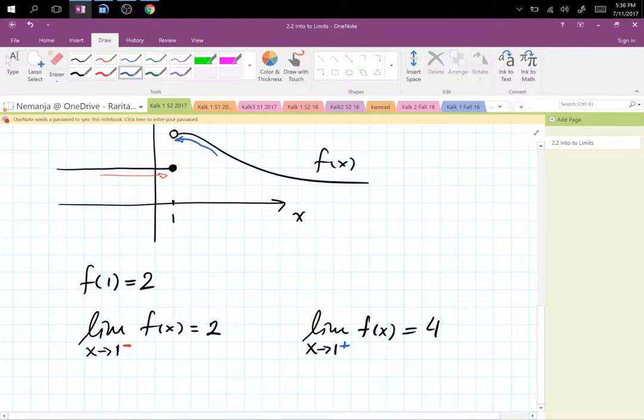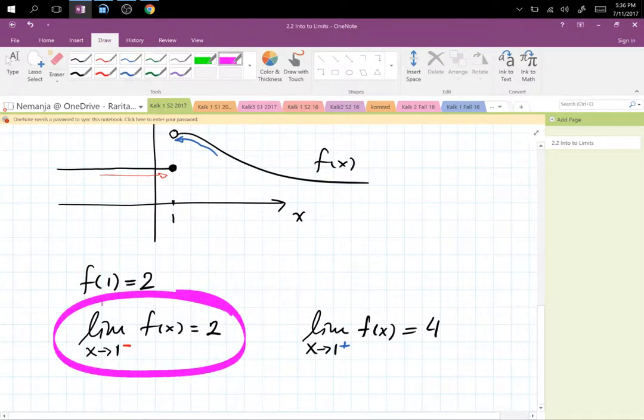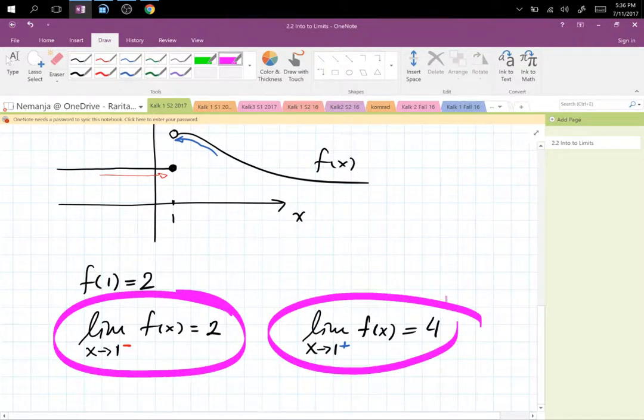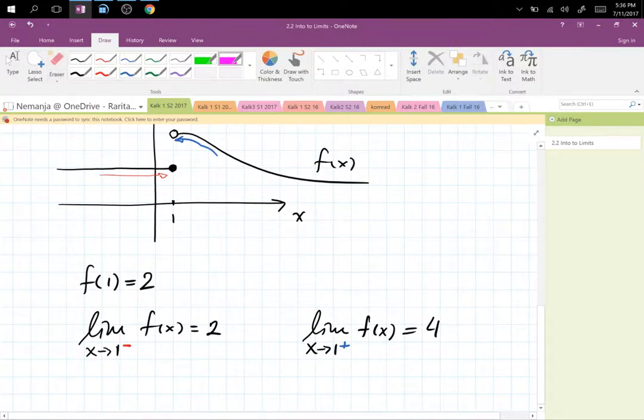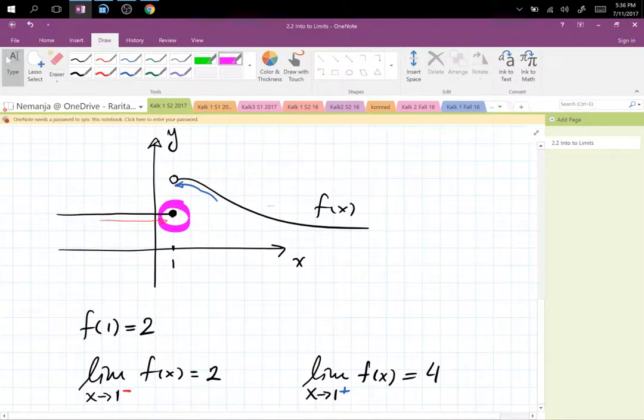So you see that the approach from the left gives us 2. Approach from the right gives us 4. Is that unique? 2 is the y value for this point here, and 4 is the y value for this point here.